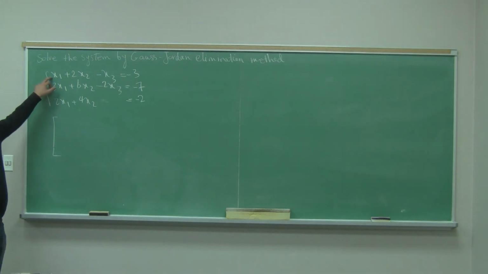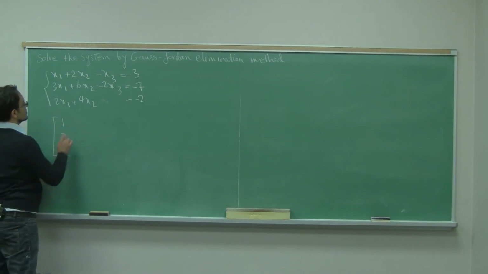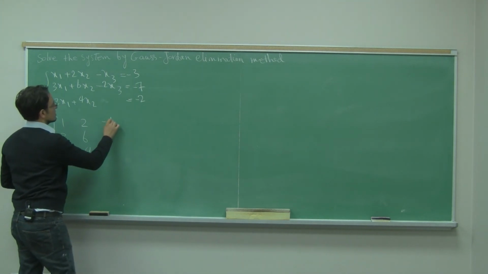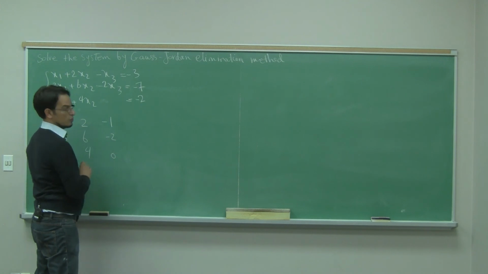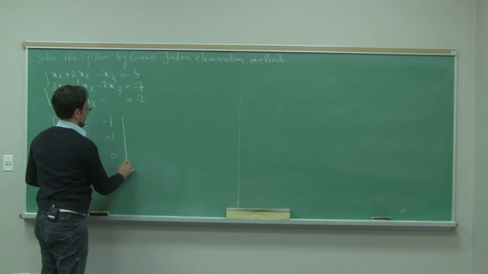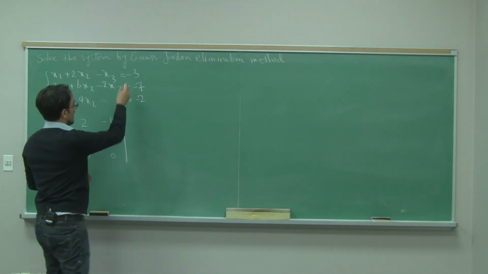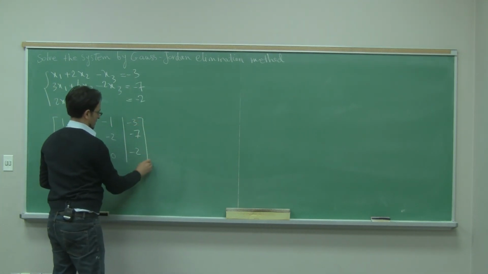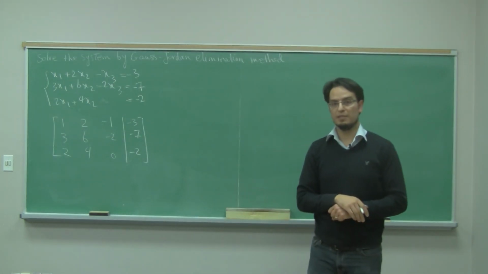Coefficients of x1 go to the first column, coefficients of x2 the second column, coefficients of x3 go to the third column, equalities turn into a line, and the right-hand side goes there. Okay, that's the augmented matrix.